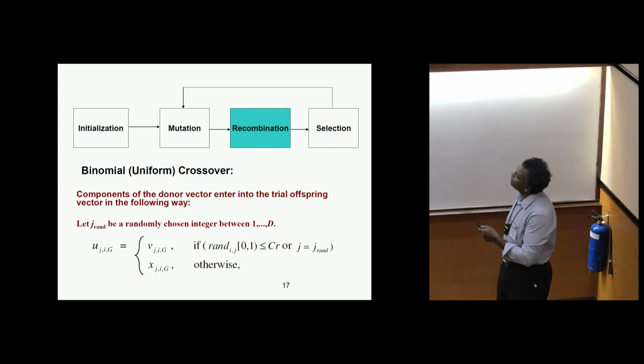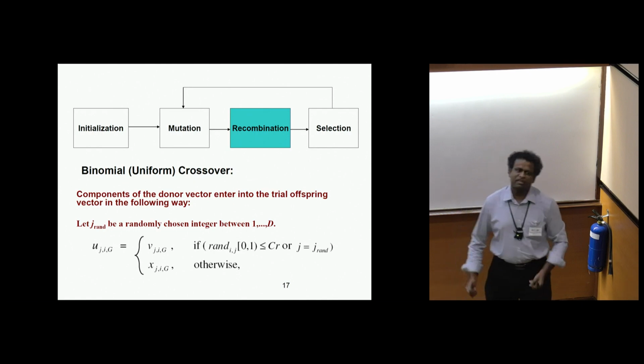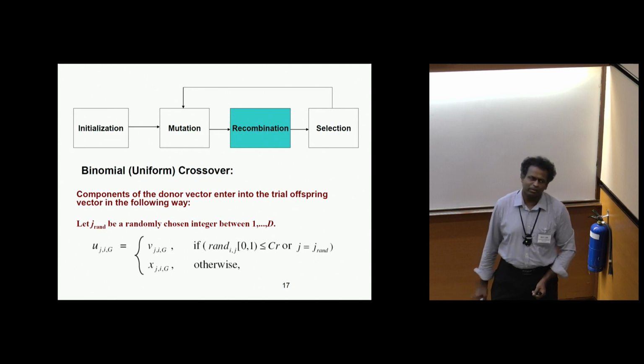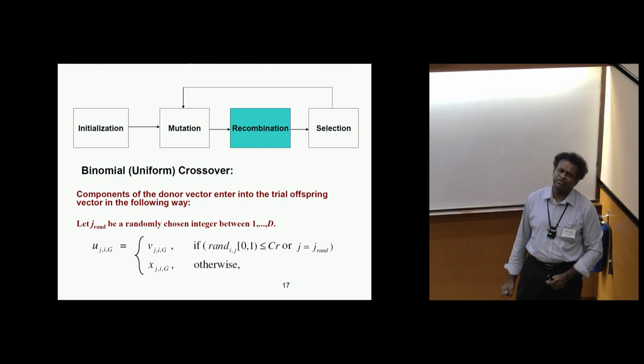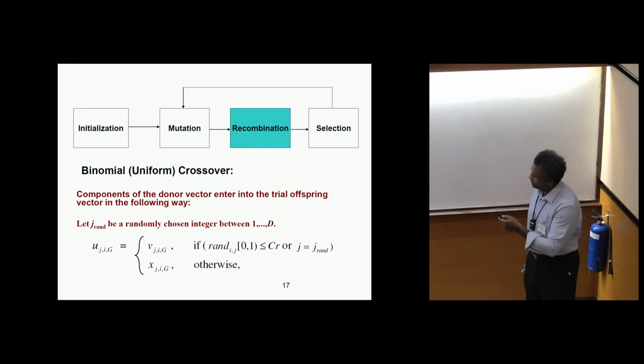Then you specify a crossover rate. In the early versions, this value is usually a fixed value like 0.8, 0.9 or 0.5, but in recent times people do adaptation here as well, so the CR value can be adapted.